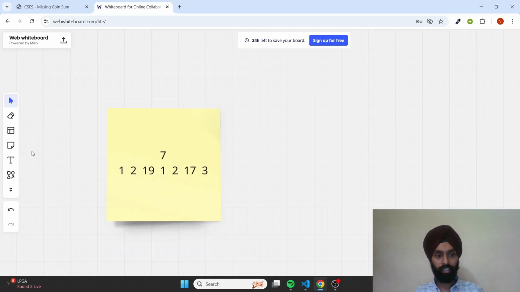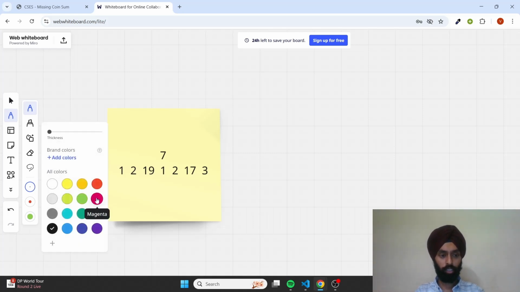So let's consider this test case. First try to figure out what are the denominations, or let's say coins, we have, and what are their possible values.